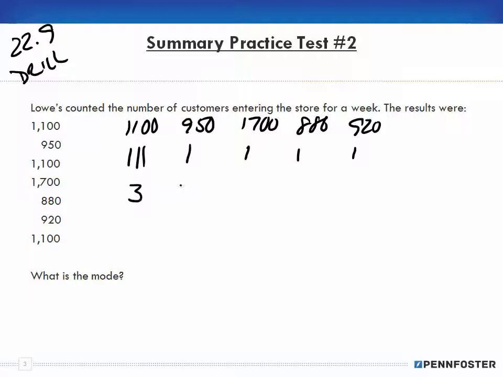So 1100 happens 3 times and all the rest happen once. So 1100 is my mode because it happens the most amount of times, which is 3. So the answer would be 1100 for my mode. It's the data point that happens the most amount of times, and that's all you're doing is just trying to figure that out.